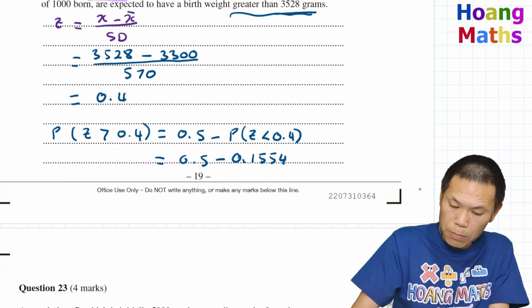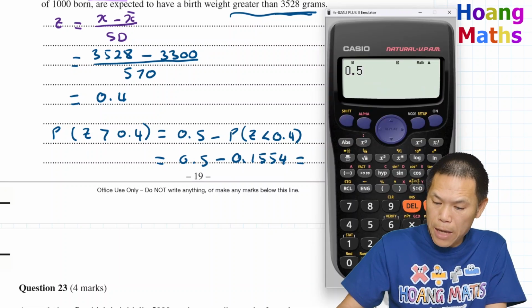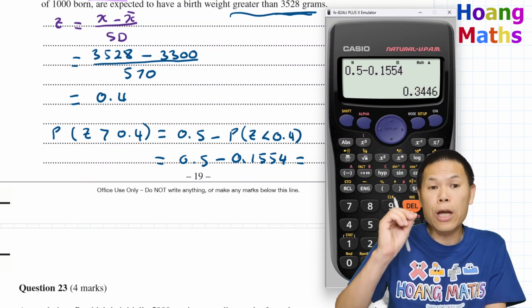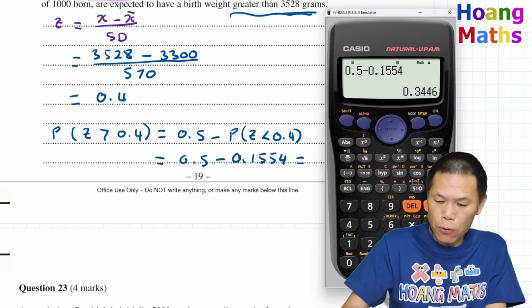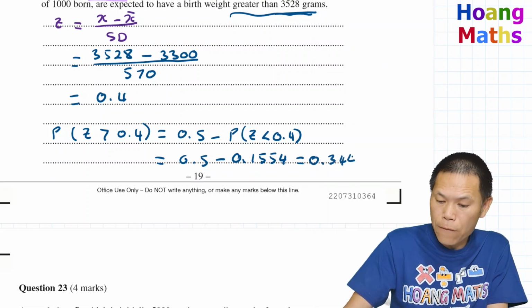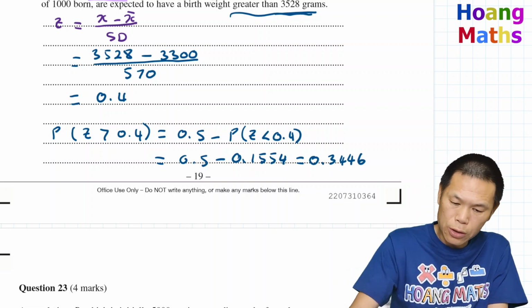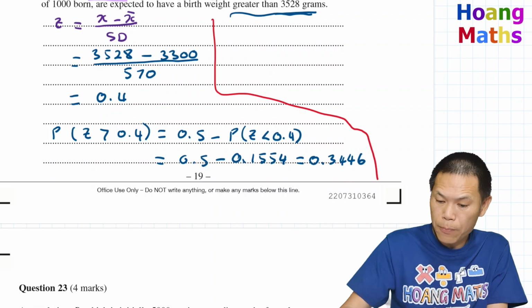So that should give me, just go 0.5 minus 0.1554. So there you go, 0.3446. So that is the probability. So let me just write it on here.